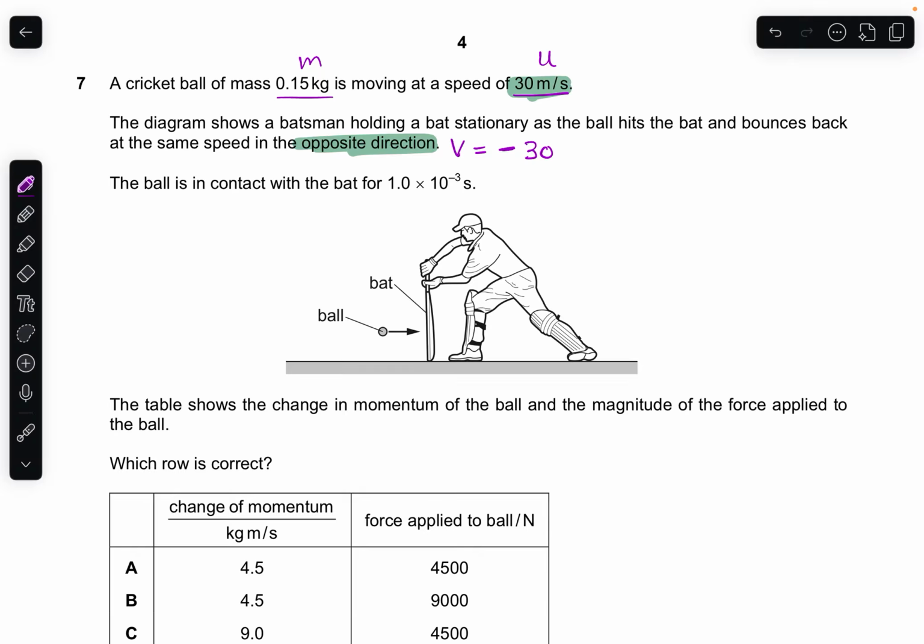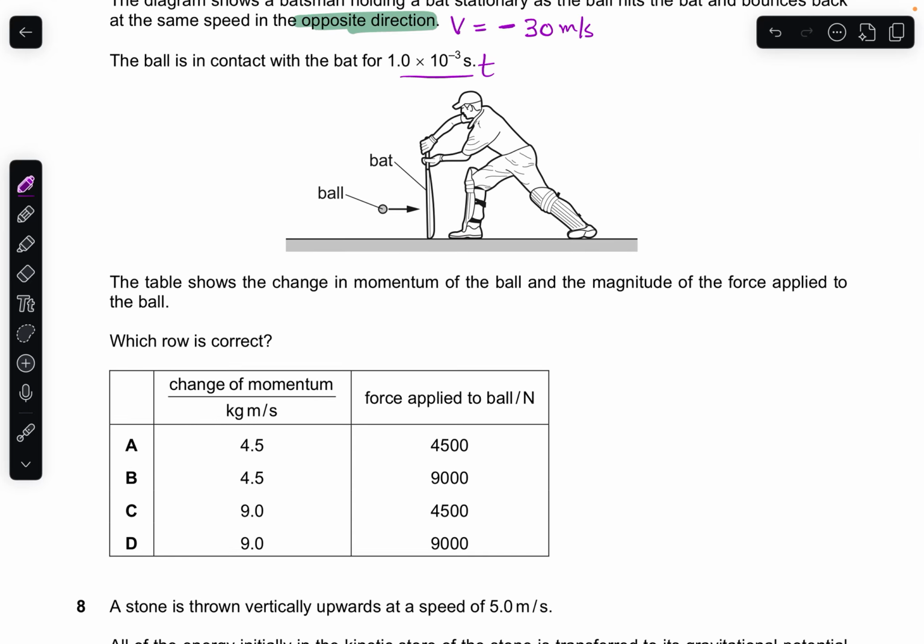If you take v positive, then u will be negative, just to show the direction. The ball is in contact for that much time, you have the time as well. Why am I taking the sign? Because we need the velocity. Momentum depends on the velocity, momentum does not depend on the speed. So we have to tell the change in momentum and we have to tell the force.